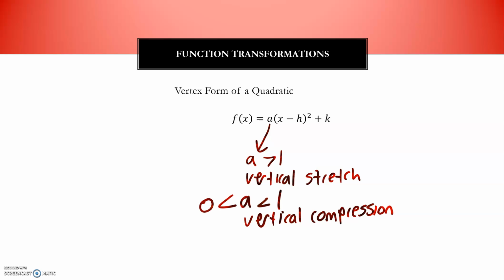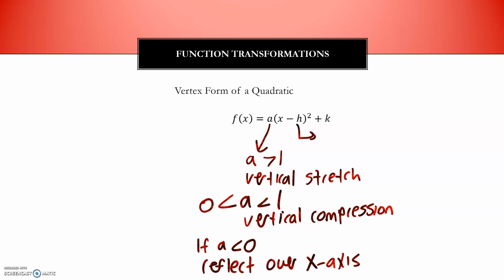So if a is bigger than 1, it's going to be stretched out tall but thinner. If we have a between 0 and 1, a fraction between 0 and 1, it's going to be compression. It's going to be a little bit shorter and wider. If a is less than 0, that's going to be a reflection over the x-axis.